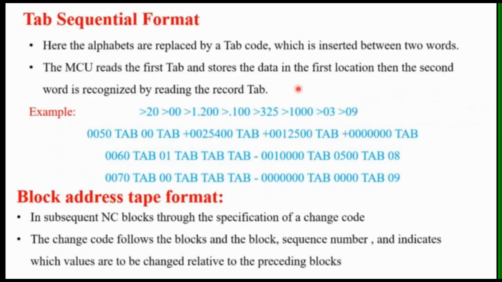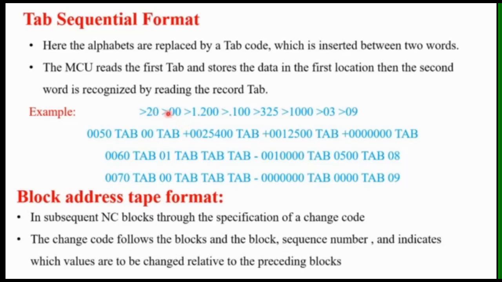Then the second format is tab sequential format. Here the alphabets are replaced by the tab code. These tabs are provided here, and these tabs replace the alphabets. The tab is inserted between the two words.